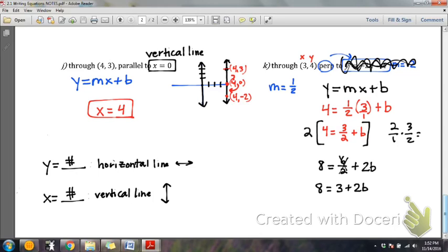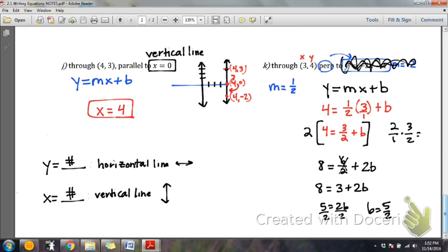Solve this for b, please. And we're getting b to be 5 over 2. Is that correct? Yes. Okay, leave it as 5 over 2.